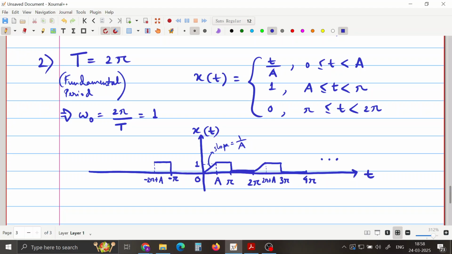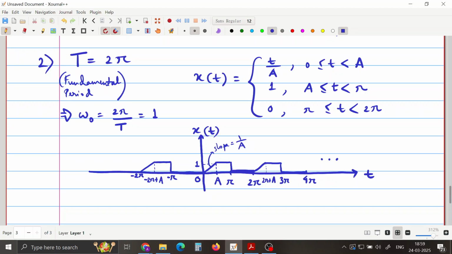And it goes to 0. So this point will be minus 2 pi, and from minus pi to 0 it will stay at 0.